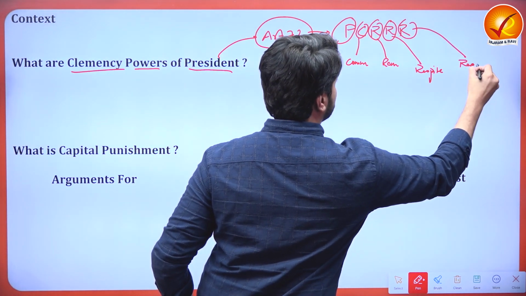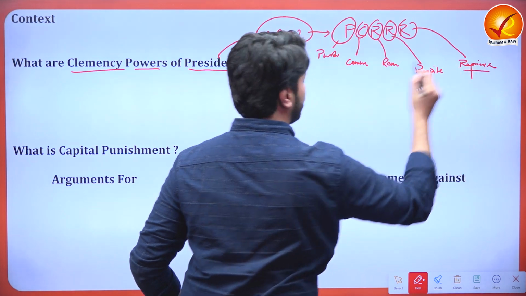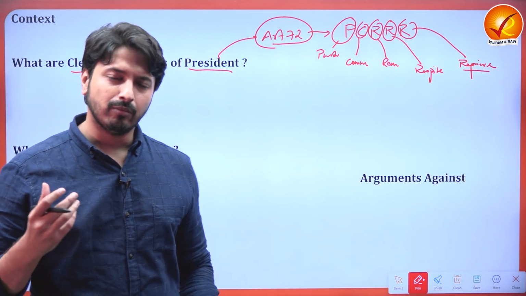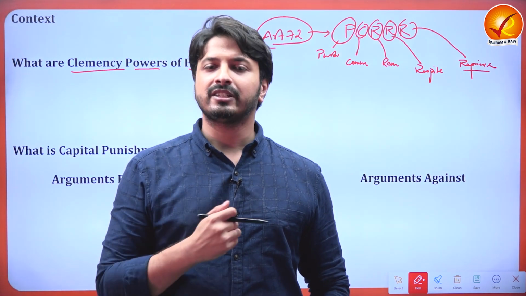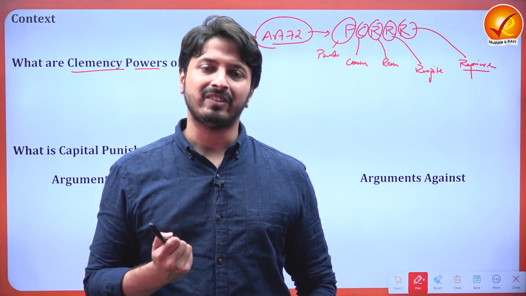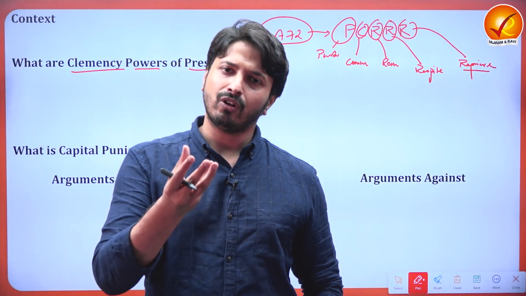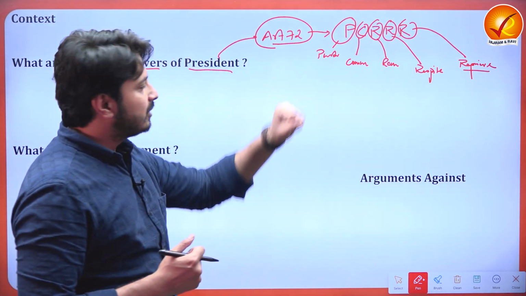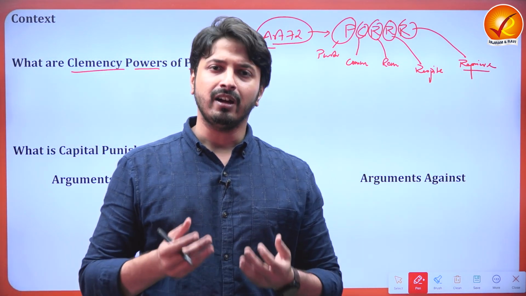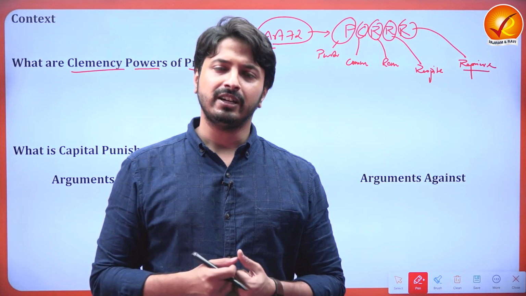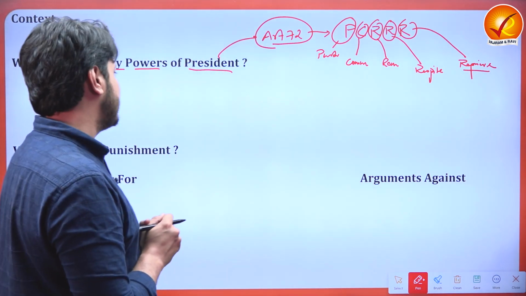It has been observed through the study of various political systems across the world that almost all heads of state have similar clemency powers. So the Constitution of India has also provided these clemency powers to the President of India by virtue of being the head of the state and the head of the executive as well.